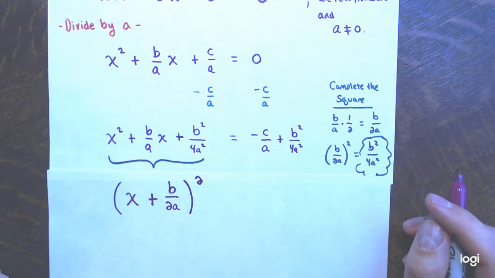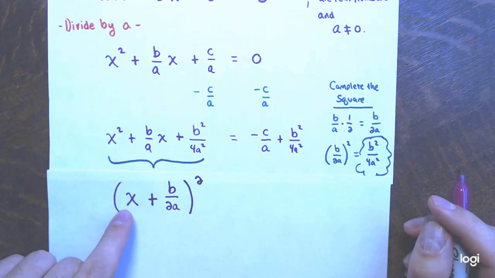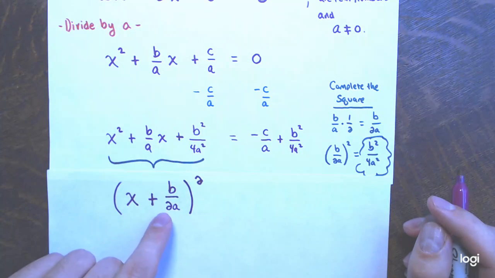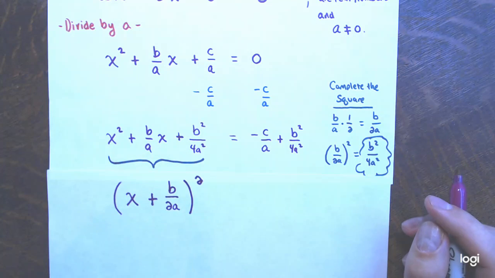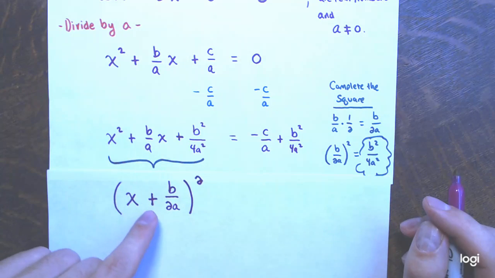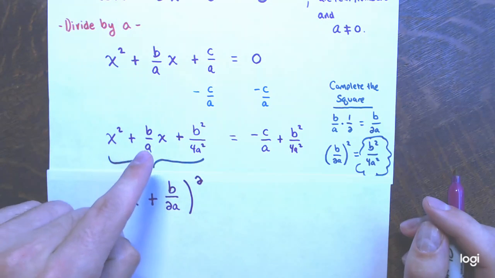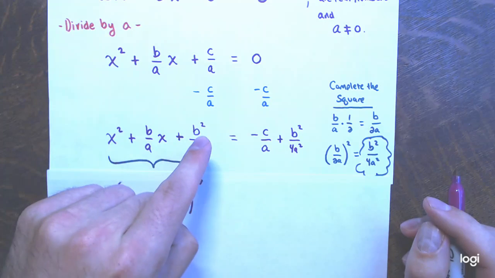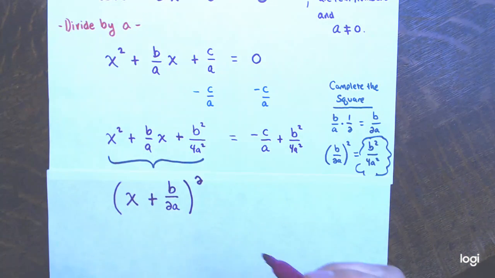Just bear with me here. We'll get to a nice place at the end of this. But if you were to take x plus b over 2a and multiply it again by x plus b over 2a, do all the foiling and then combine any like terms, you would see that this is indeed equal to x squared plus b over a x plus b squared over 4a squared.